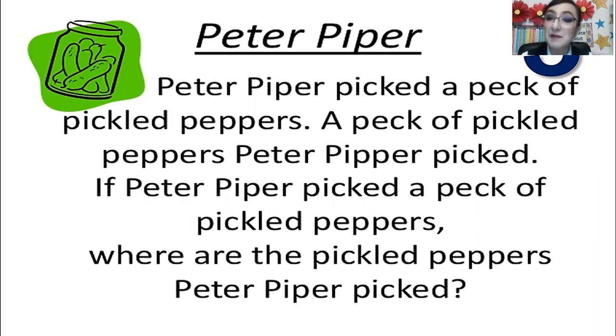If Peter Piper picked a peck of pickled peppers, where are the pickled peppers Peter Piper picked? Kind of, something like that. You can do it. Try to do it. It is going to be helping you a lot with this.